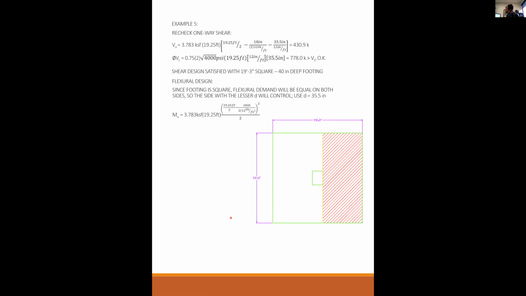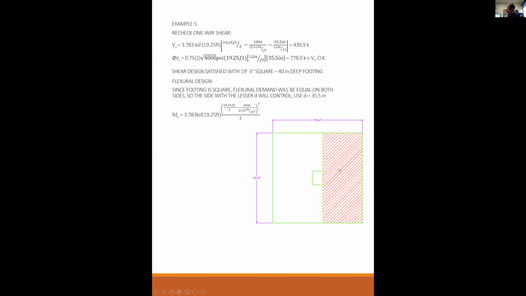Okay, so to calculate Mu, I take QU, which in the final iteration was 3.783, times the width, which is 19.25, times the length of this hatched part. The length is going to be 19.25 over 2 minus half the width of the column, which is 18 over 2.